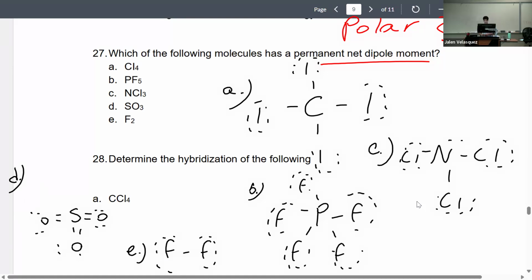So what do we think the answer should be here? It's going to be C. So C has a permanent net dipole moment, right?